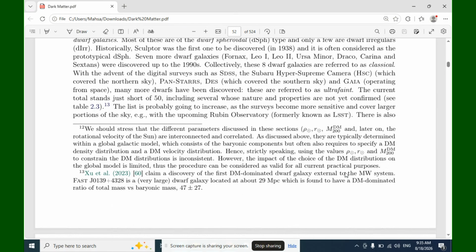Hence, strictly speaking, using the values of density, radius, and M200 dark matter to constrain the dark matter distribution is inconsistent. However, the impact of the choice of the dark matter distributions on the global model is limited. Thus, the procedure can be considered as valid for all current practical purposes.